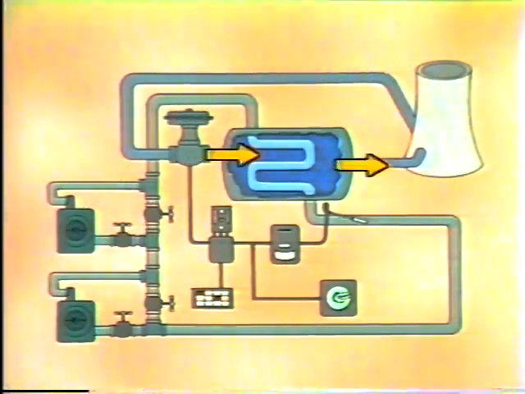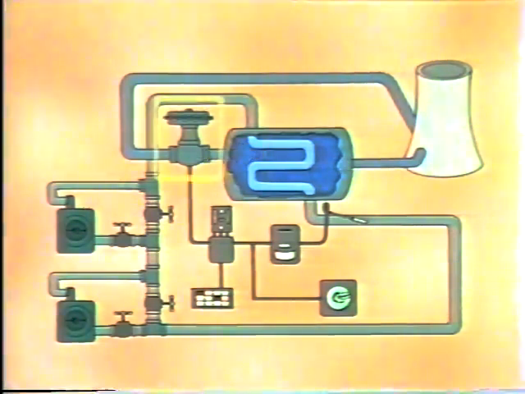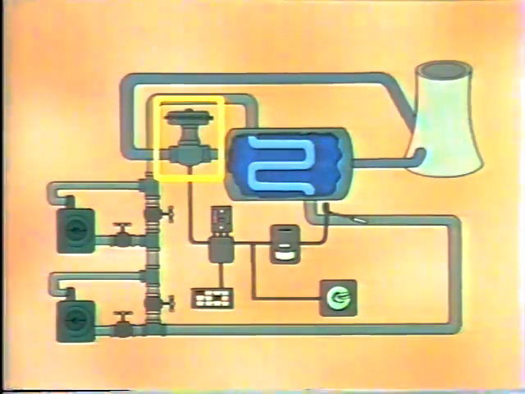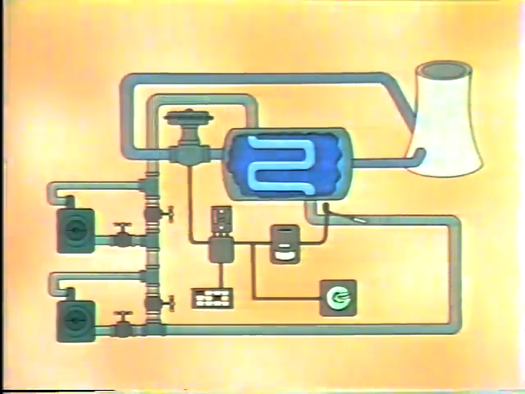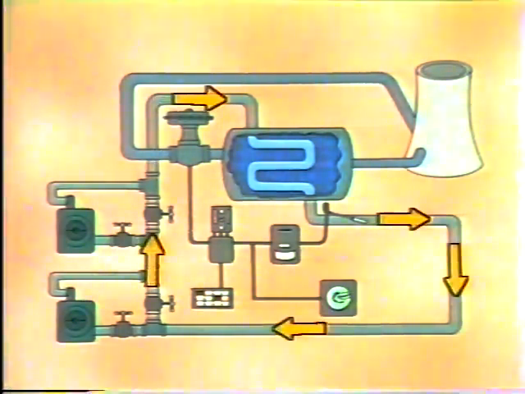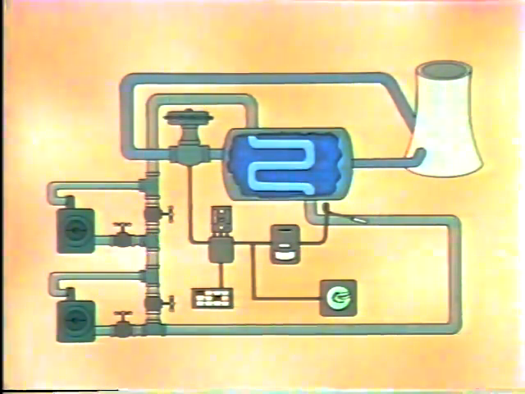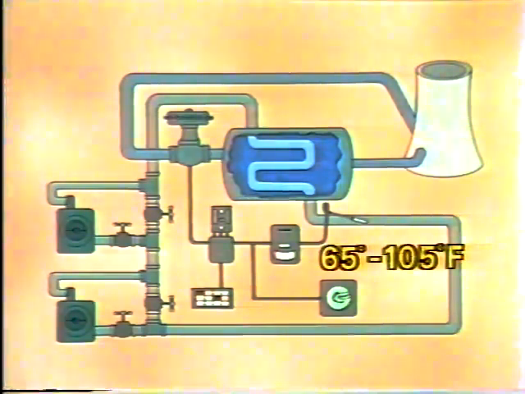Raw water flow changed depending on the signals that were sent to the actuator valve assembly. On the other hand, the flow of cooling water remained constant, while the temperature of the cooling water, the controlled variable, changed. The cooling water temperature ranged from about 65 to 105 degrees Fahrenheit.